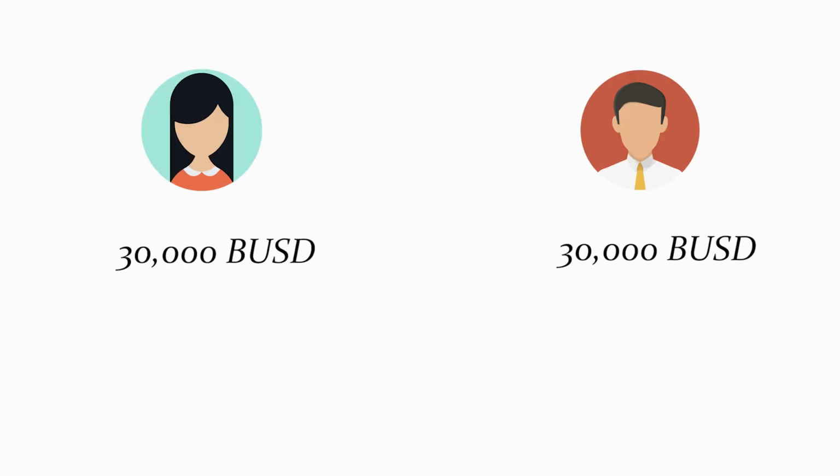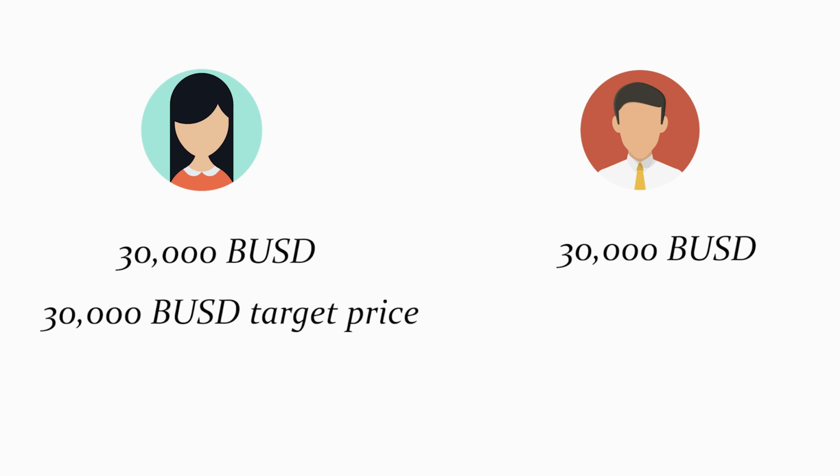To explain the 3 possible scenarios with this investment, we are going to continue to use our example of Queen and James. So Queen and James hold 30,000 BUSD each, and Queen decides to subscribe to a Bitcoin dual investment at a 30,000 target price. James once again doesn't. The interest income in this example is 1,500 BUSD.